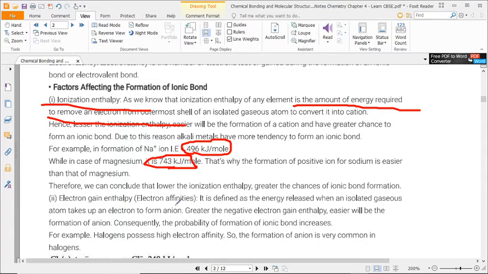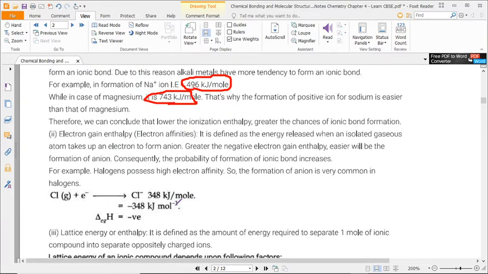Now coming to the electron gain enthalpy. When you take the chlorine atom, it has to take up one electron, is it not? The electron given by sodium, and the energy released during that electron gain is called electron gain enthalpy. During the electron gain, energy is released, that is why it is given as a negative value.